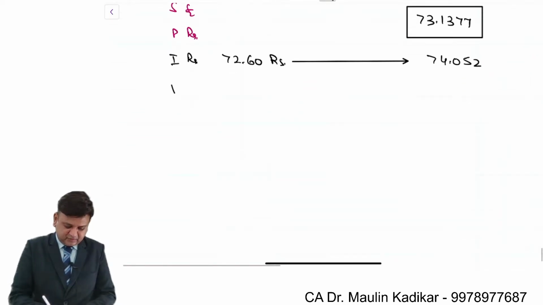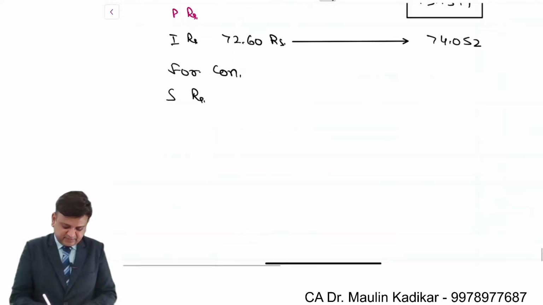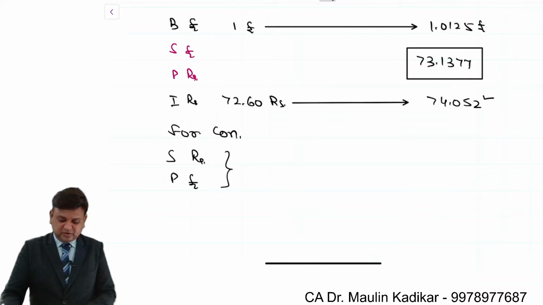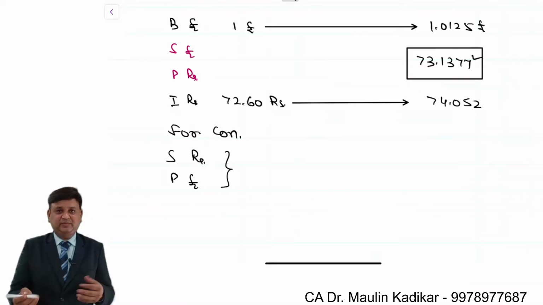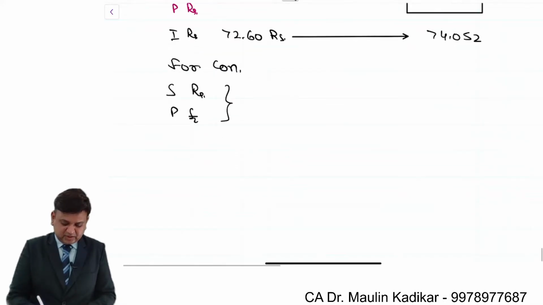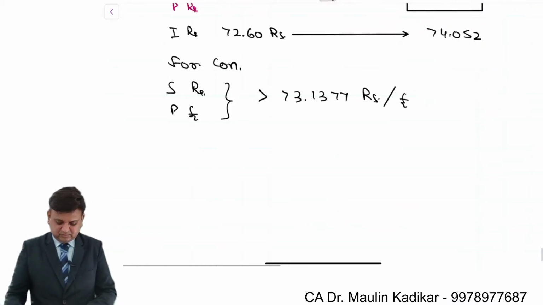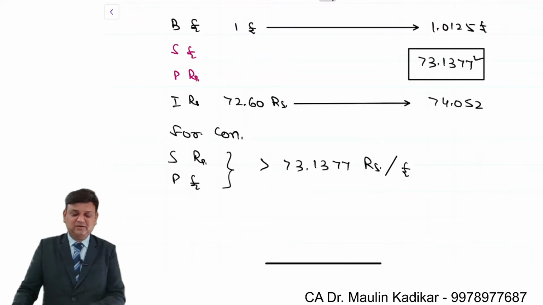Okay. Now forward contract is sell of rupees and purchase of pound. So we understand that if for this amount of rupees you get a pound, then in that case you will be at break even. So the bank should give the forward exchange rate which is greater than 73.1377 rupees per pound. This is the way we understand.